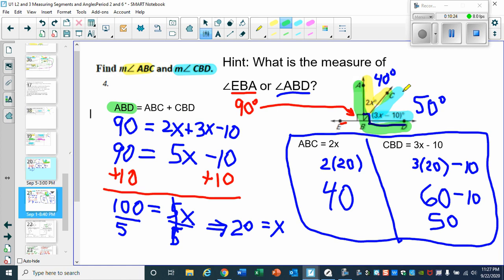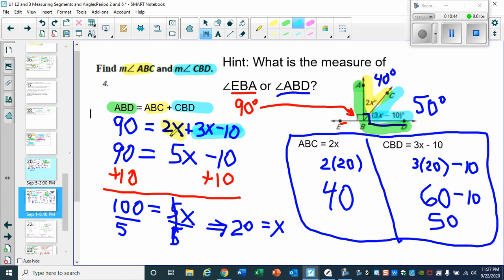ABD, which is just like EBA, they're both 90 degrees. And then ABD is ABC, which is 2x, plus CBD, which is 3x minus 10.